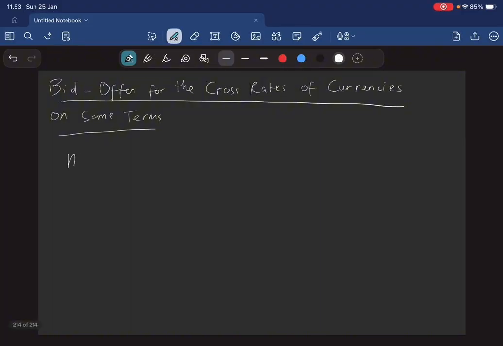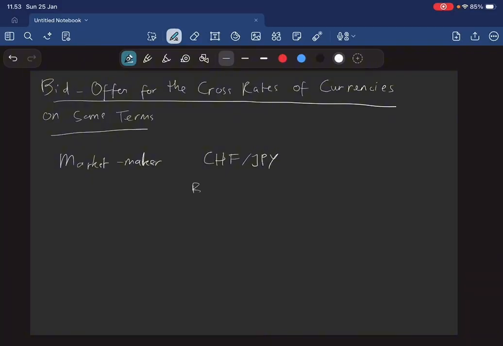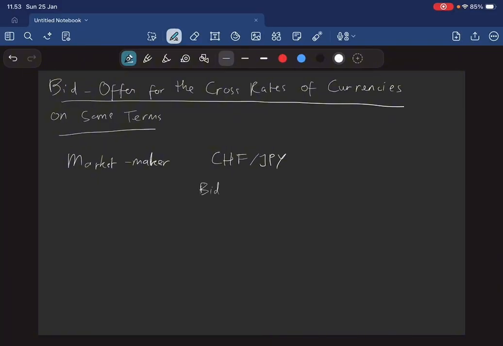Example, imagine that you are the market maker and you want to derive the cross rate market for Swiss franc, Japanese yen. So we have this bid and offer for dollar.